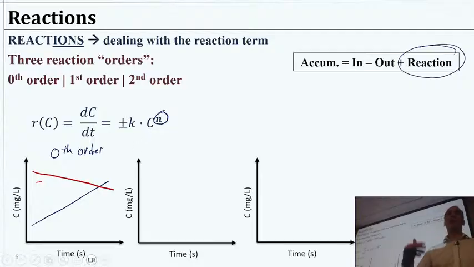So when we have a large C that it's acting on, our rate of change has increased. So let's consider we might start at 0 and we are changing with time. It might look something like this, exponential. This would be first order.